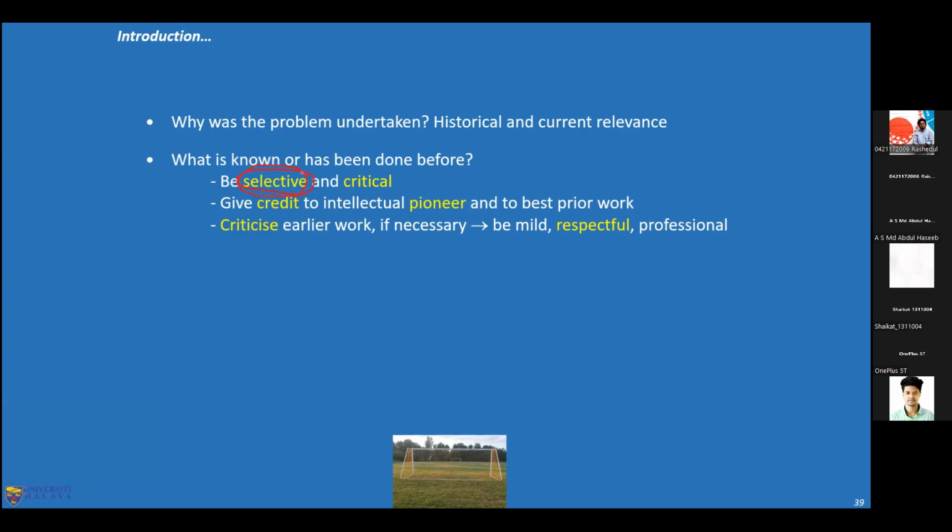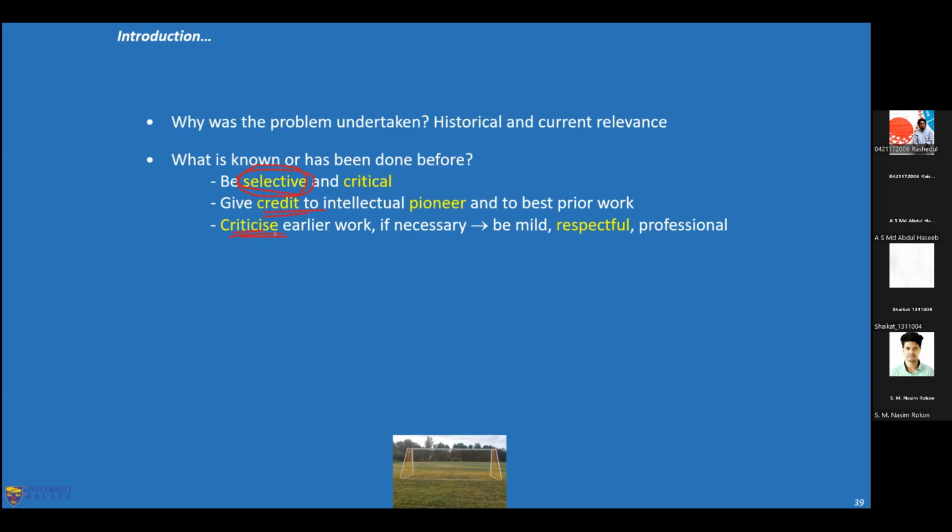And when somebody has done some work in the past, we have to give due credit. We have to recognize what they have done. If some of the earlier work is not so good, then we can criticize the earlier work. So what are the deficiencies in the earlier work? What were the problems? However, we do it in a respectful manner without attacking any author. So we just criticize the work, not the creator of the work.